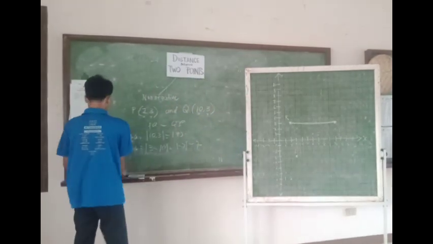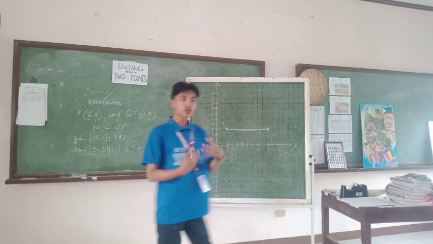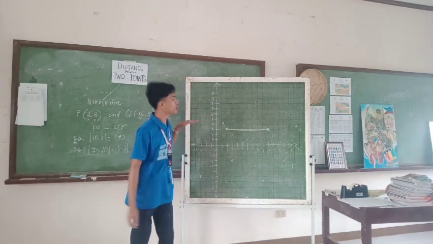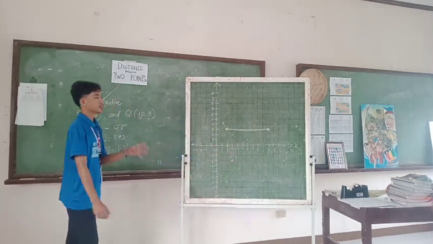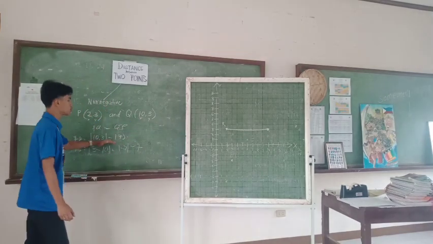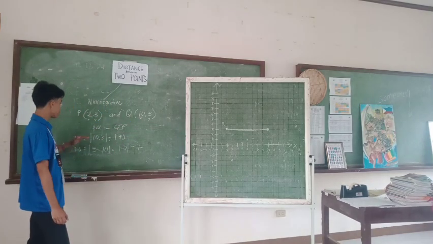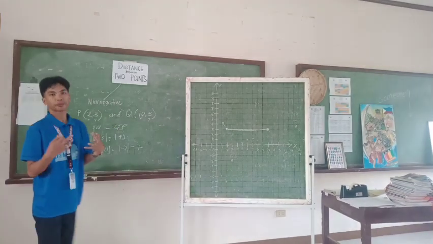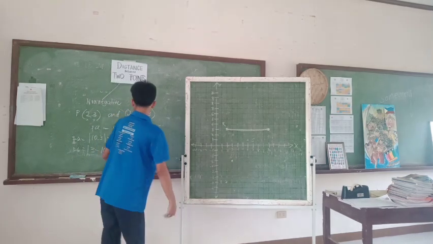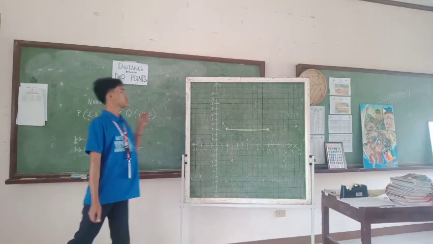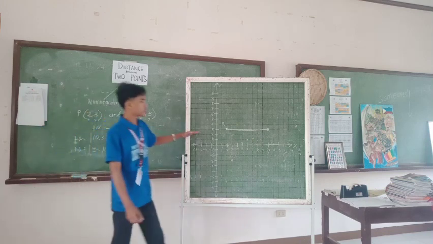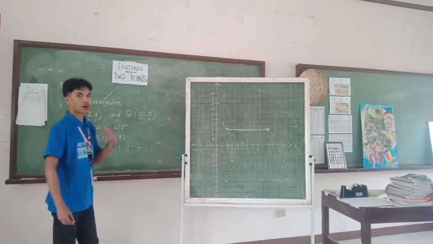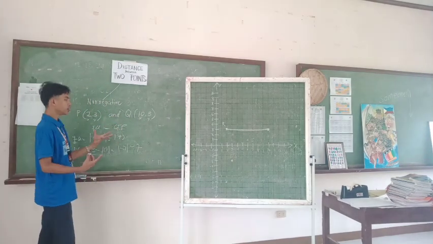Again, guys, to find the absolute value or the distance between these 2 points, if the 2 points are horizontal, you just need to find the x coordinates. Since P and Q are aligned horizontally, you just find their x coordinate. What is the x coordinate here?